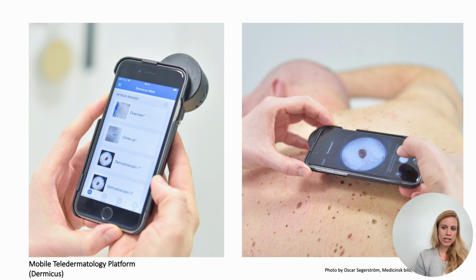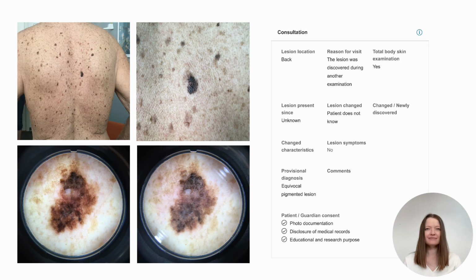And it's really important that I will not only receive a provisional diagnosis and advice on further action, but also a description of the lesion from the dermatologist, which enhances my learning. The referral, the response, and the images are stored in the patient's medical record, allowing future review and analysis.